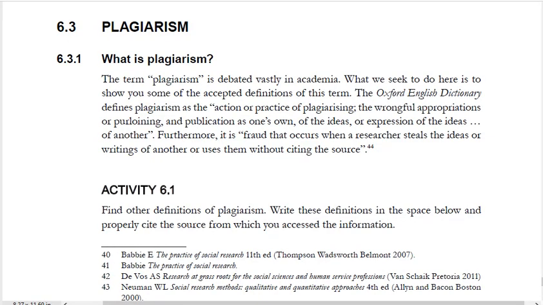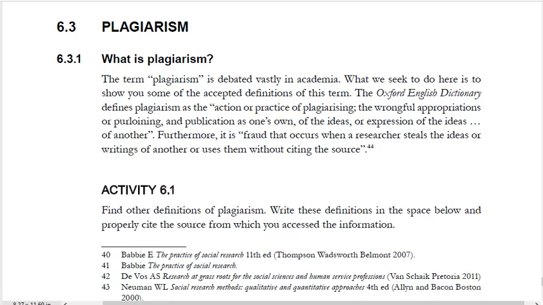Okay, let's read about plagiarism in our study guide. I am on page 44 of our study guide. Plagiarism. What is plagiarism? The term plagiarism is debated vastly in academia. What we seek to do here is to show you some of the accepted definitions of this term.